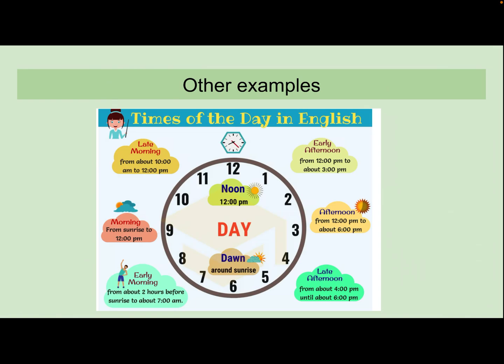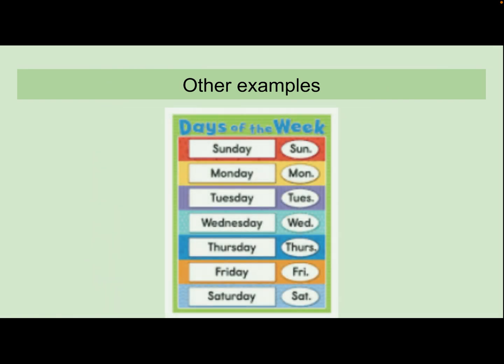How about times of the day? An author might use times of the day in their story. They might start with morning, then late morning, early afternoon, afternoon, late afternoon, and then early morning again. An author might also use days of the week.